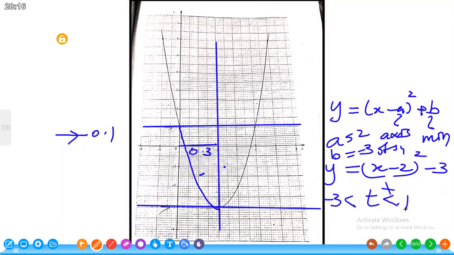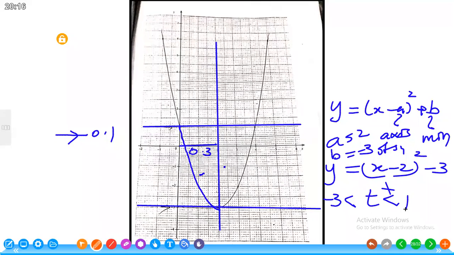The line y is equal to t should intersect the graph of the quadratic function at 2 points with positive x coordinates, like this part. So this line within the range of +1 and -3, t greater than -3 and less than 1, right?